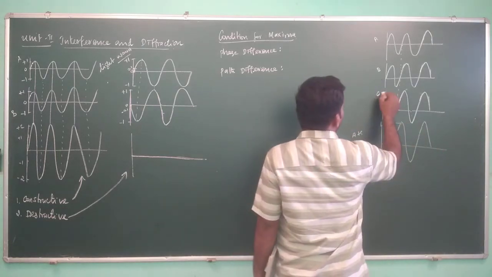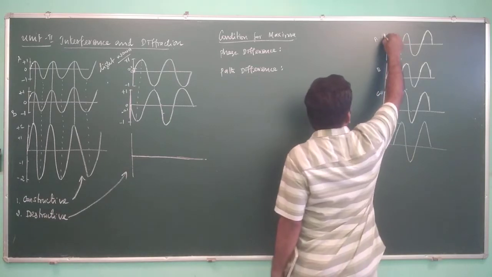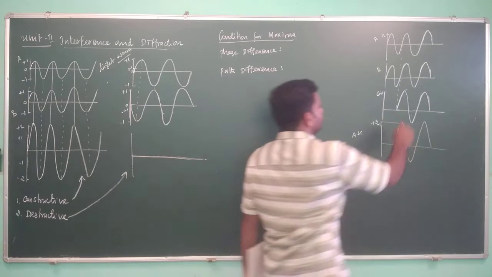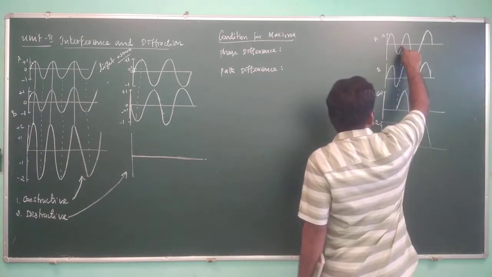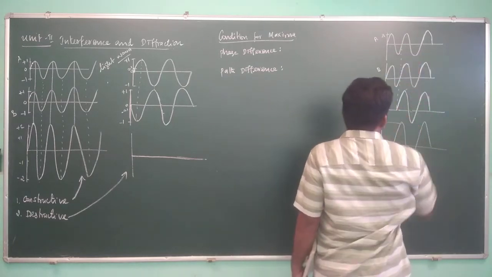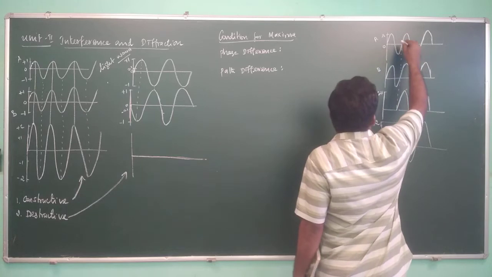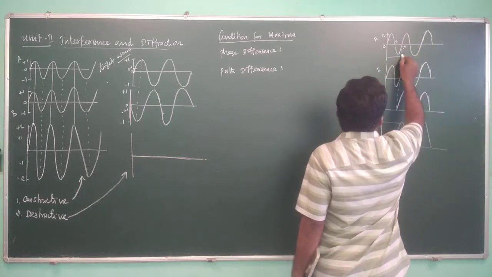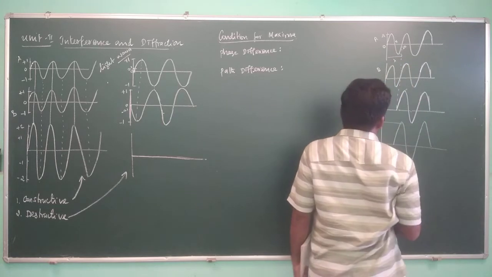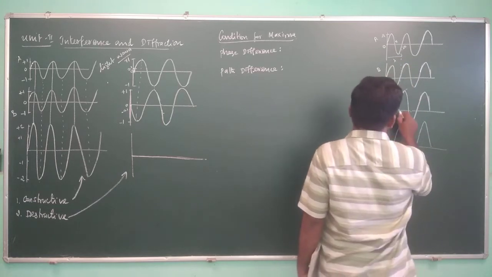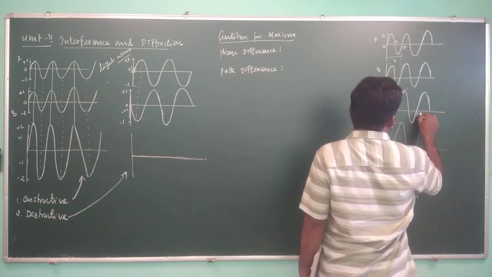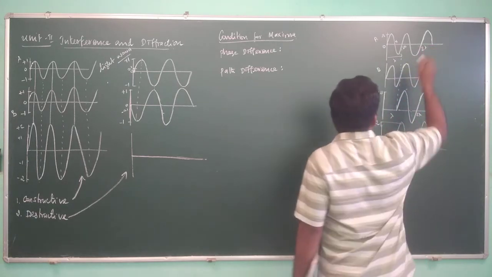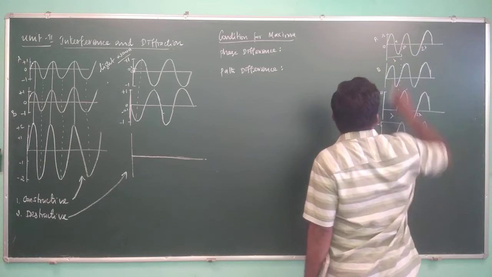If this is plus 1 and this value is plus 1, then here it will be plus 2, right? Because this starts from 0, this also starts from 0. So this is 0, this is pi, this is 2 pi, and this length is lambda, this is 2 lambda, and this point will be lambda, right?